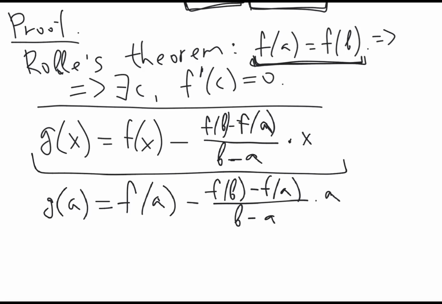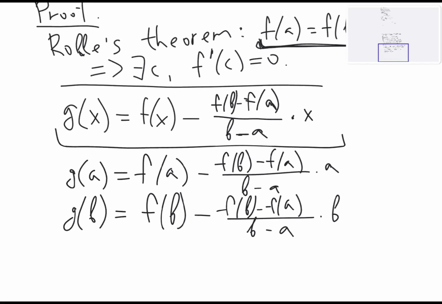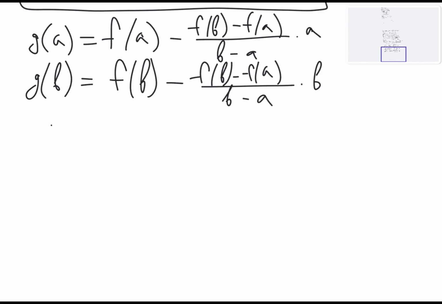And g of b is equal to f of b minus f of b minus f of a over b minus a multiplied by b. And we need to check whether g of a is equal to g of b.